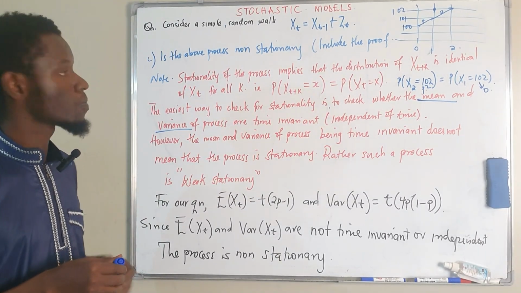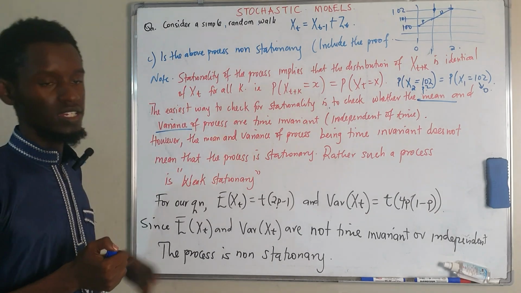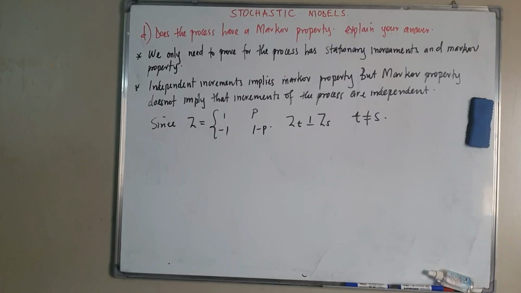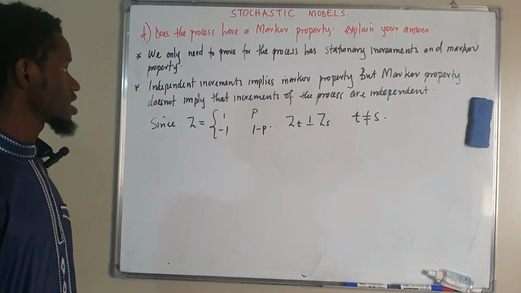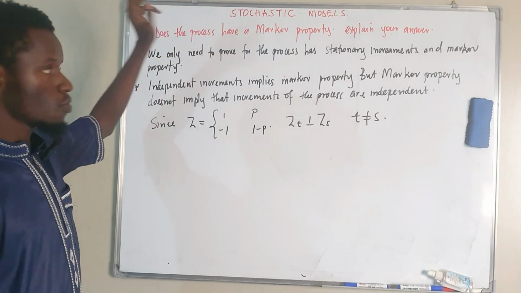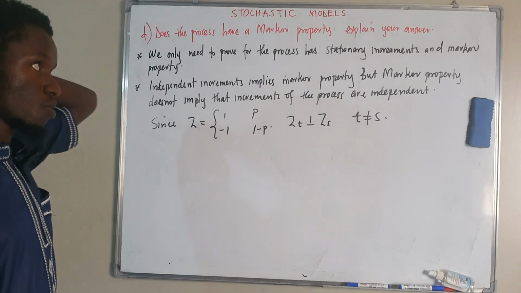Now, for the other question, it is in this format. We want to show whether the process satisfies the Markov property. For the last question, it was asking us to explain whether our simple random walk has a Markov property.